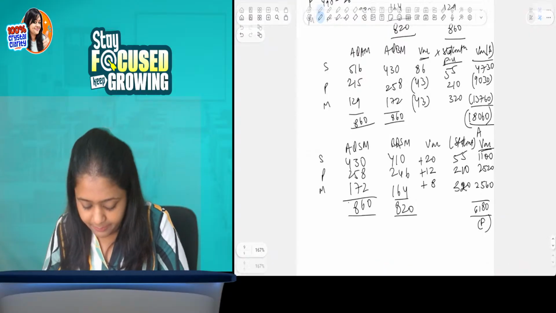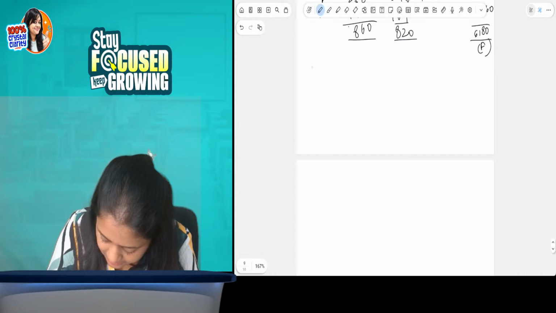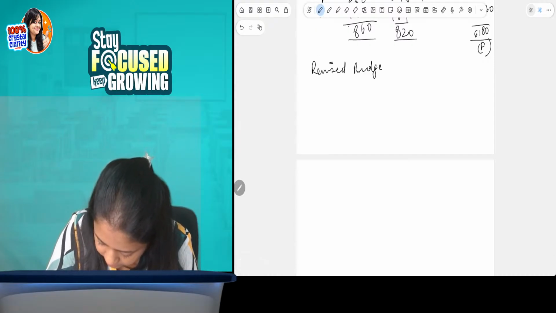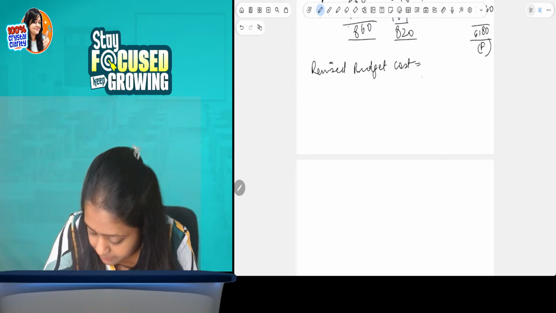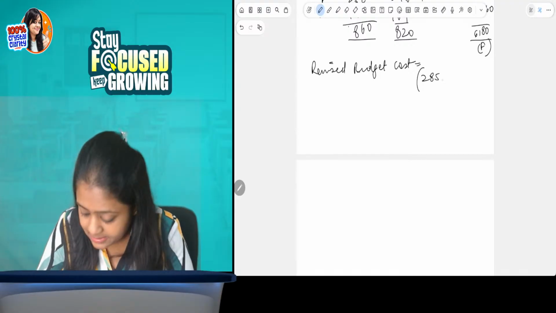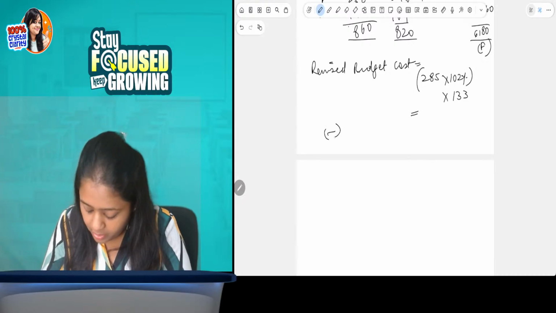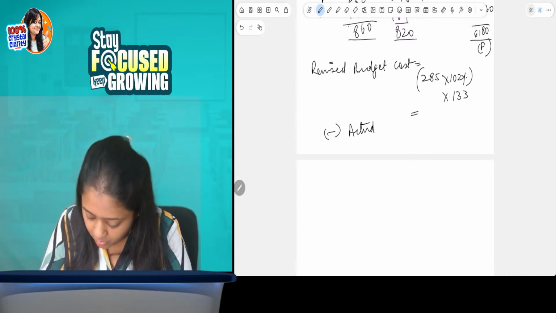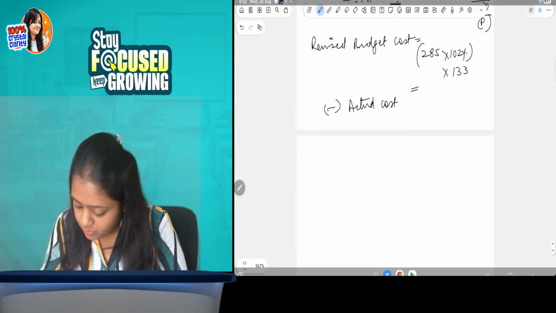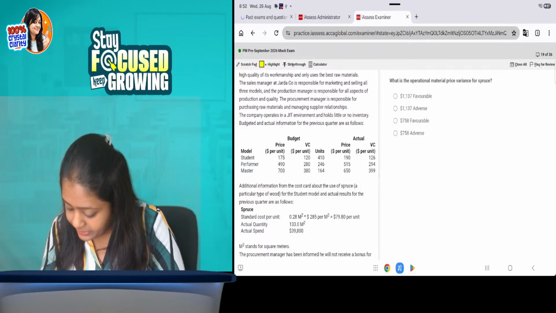So here, the first step for the operational price variance is to get the revised cost. That will be 285, the normal cost, with a 2% increase, so multiplied with 102% and multiplied with 133, the actual meters. Now reduce from it the actual cost, which is given to you here, 39,800.